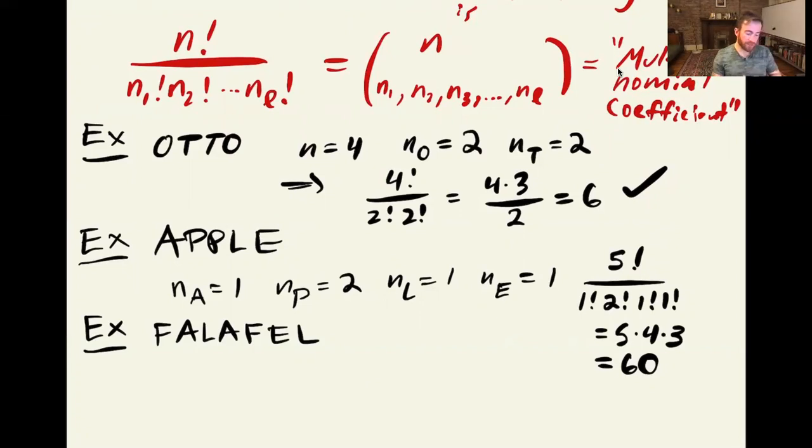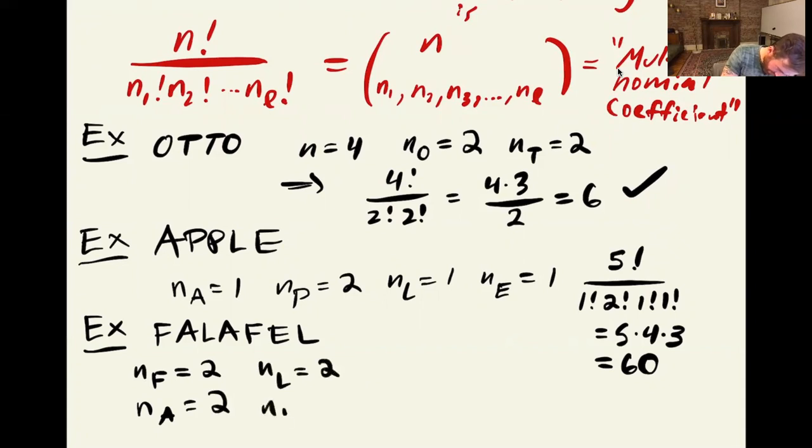So again, what we need to do is first count the number of times each distinct letter appears. So first we need the number of F's, which is 2. Number of A's, which is 2. Number of L's, which is 2. The number of E's, which is 1. And I think that accounts for all of the letters.